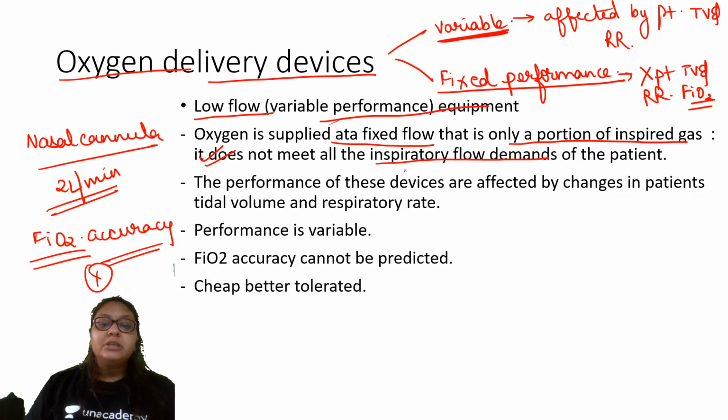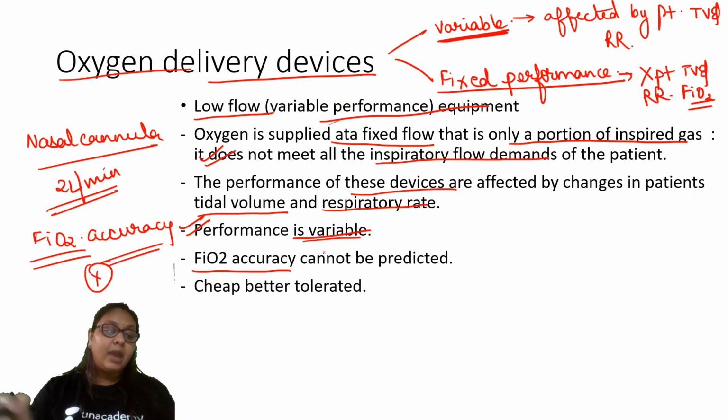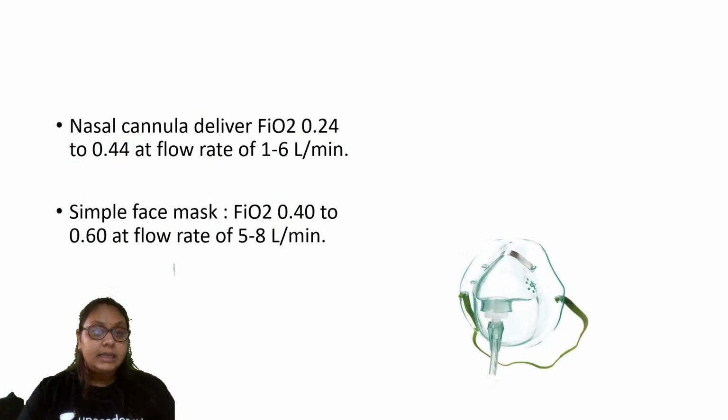The performance of these devices is affected by changes in tidal volume and respiratory rate. The performance is variable, and therefore FiO2 accuracy cannot be predicted, and they are cheap and better tolerated. Is it clear? For example, nasal cannula.